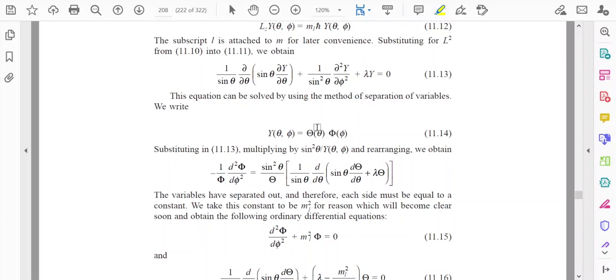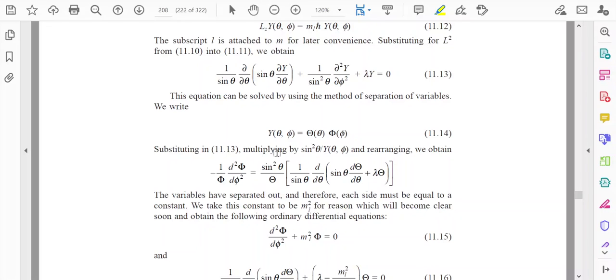So capital Theta is a function of small theta, and capital Phi is a function of small phi. So Y has been separated into two different functions, capital Theta and capital Phi. They are multiplied. Now what will we do? We will substitute the value of Y in this equation.